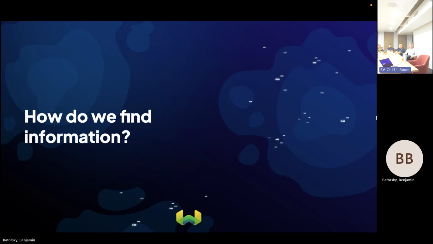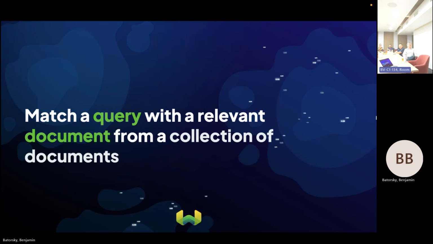All right, so starting off with traditional search. Does anyone know how we typically find information? Kind of like what happens in the back end of Google? No. That's fine. PageRank? Yeah, that is another thing as well.